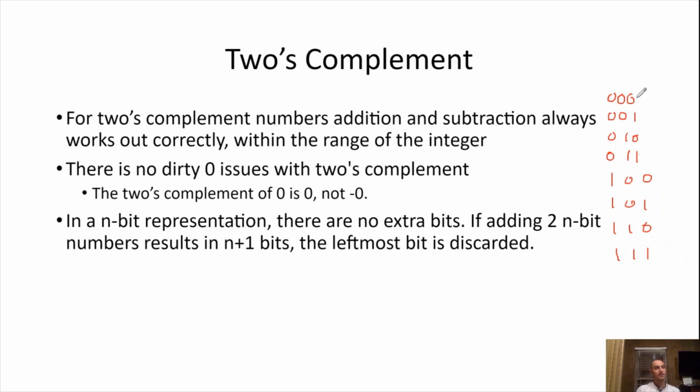Let's say this was one's complement, what would be the value? This is 0, this is 1, this is 2, this is 3. So far so good, right? This is 2 plus 1.